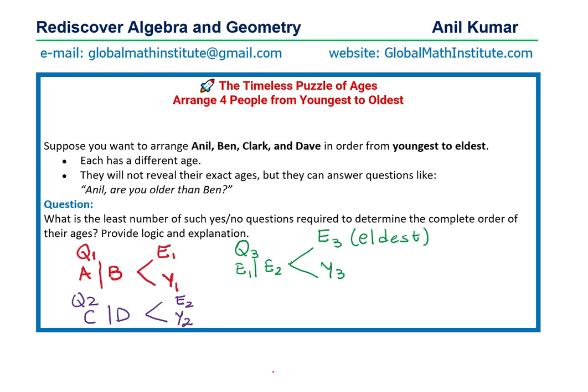But the fourth question is there, and the fourth question is asked to the younger persons in both the question sets, younger one and younger two, and we ask, are you younger than the other? And then if you get yes or no, we know exactly who is the youngest.